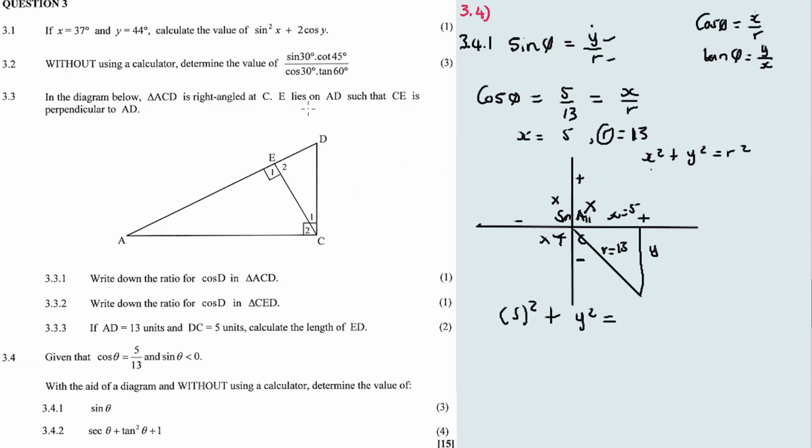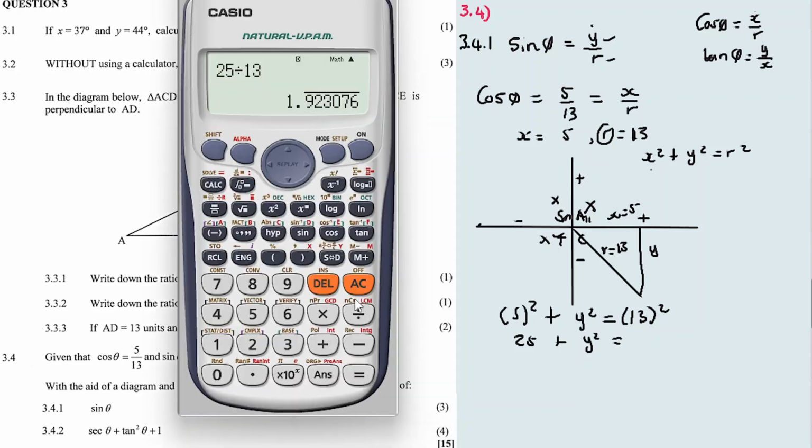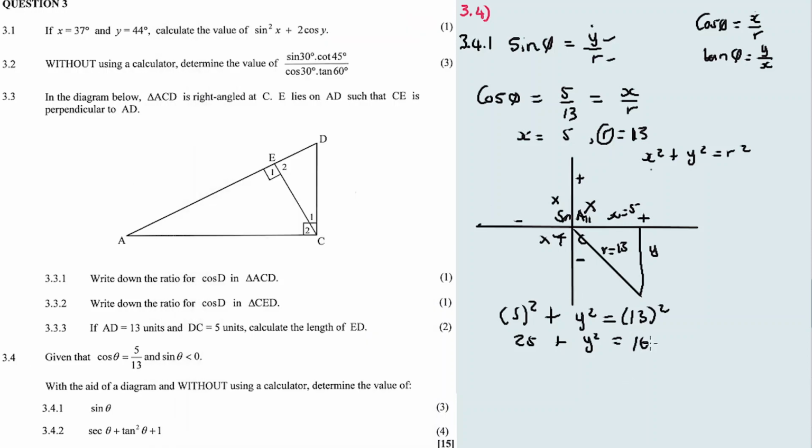Okay, r is now 13. 5 squared is 25, plus y squared equals 13 squared, which is 169.